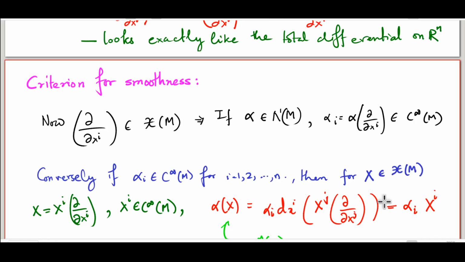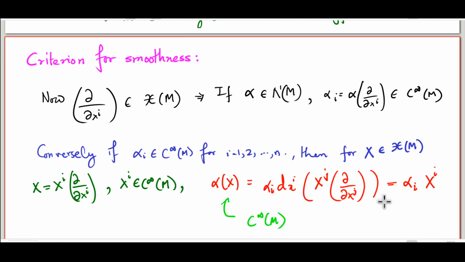Now note that if all the alpha i's are smooth, and the Xi's are known to be smooth because capital X is a smooth vector field, then the action of alpha on X gives us alpha i Xi, which is the sum of products of smooth functions. So alpha of X is bound to be a smooth function.